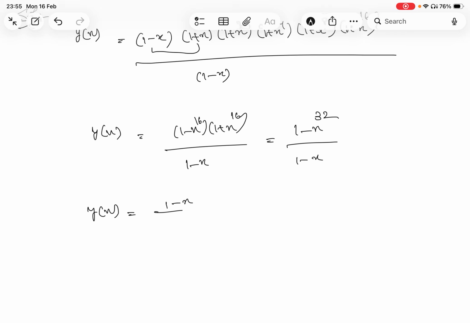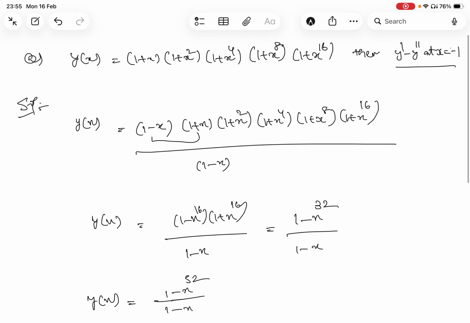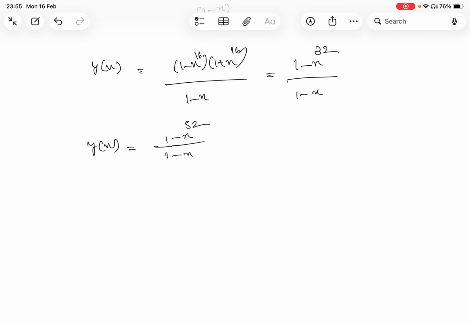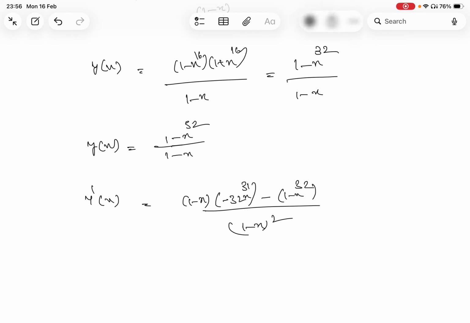So y is 1 minus x power 32 by 1 minus x. Now we need to figure out y dash minus y double dash. So y dash of x will be 1 minus x whole square in the denominator, and in the numerator 1 minus x into minus 32 into x power 32 minus 1, which is 31, minus of 1 minus x power 32 into 0 minus 1.